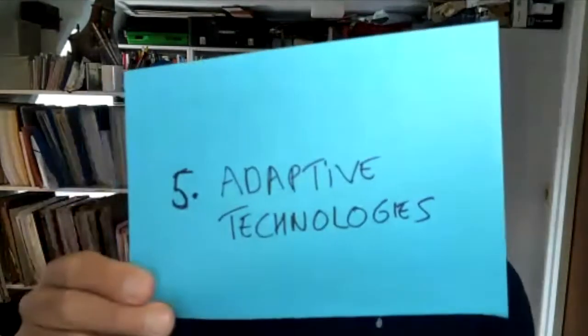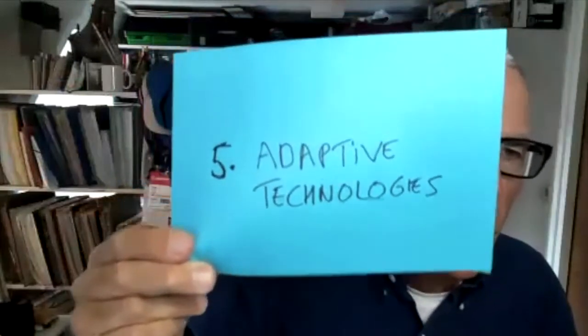Number 5, I rush a little bit because there's so much to say. Apologies for that. This is connected to the technology. I said technology is an enabler, but the trend is to use it to be more personalized.